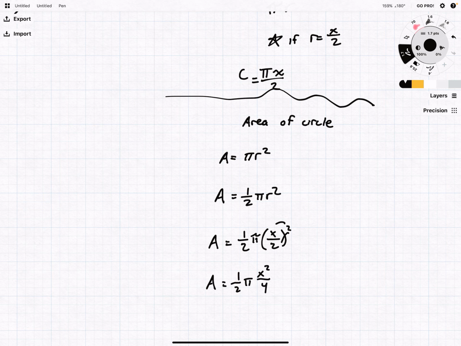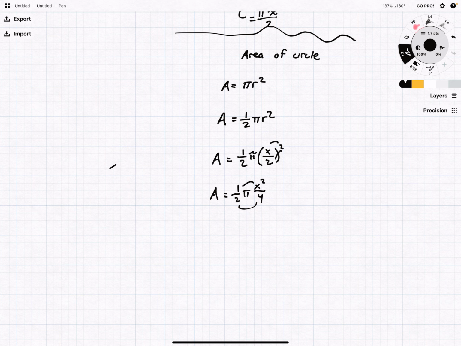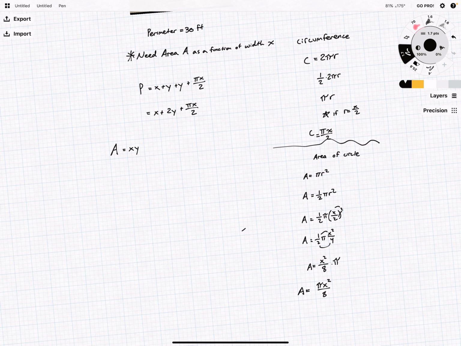And now we can multiply over our 2 to 4 and the x to the 1. So that will give us area equal to x squared over 8 times pi. And that will finally be equal to pi x squared over 8. And that's going to be the area of our semicircle for this Norman window.